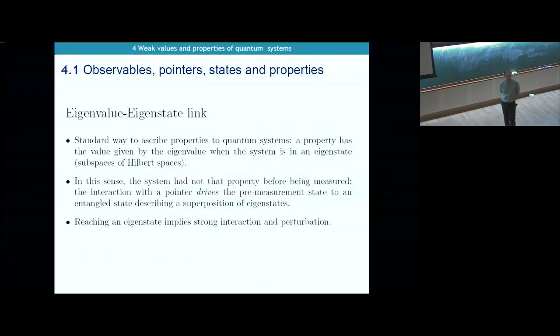As we saw during the first part of the talk yesterday, this means that there was no property before the measurement. And actually, what gives you one of the eigenvalues is the fact that the interaction with the pointer drives the state of the system to an entangled state in which each pointer state is coupled with a given eigenstate.